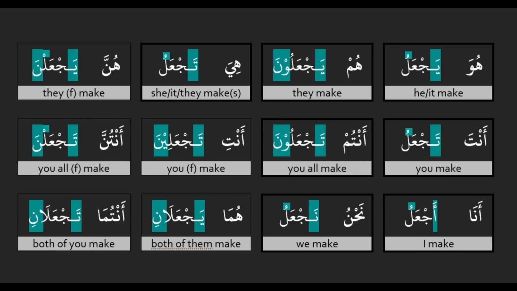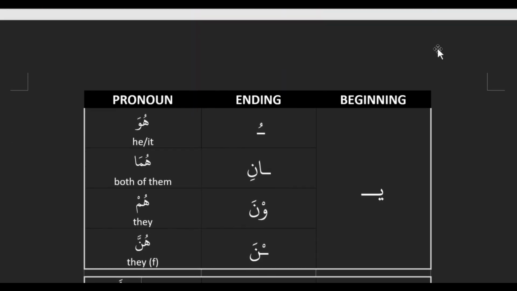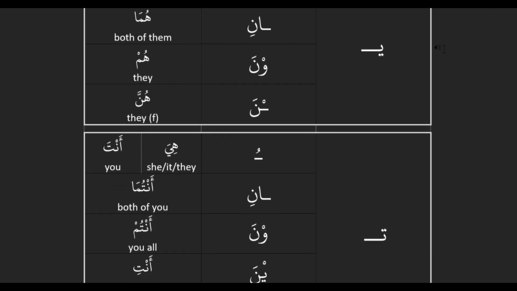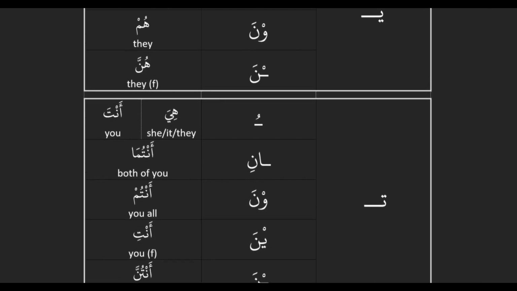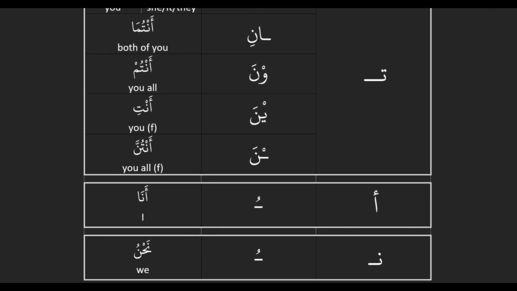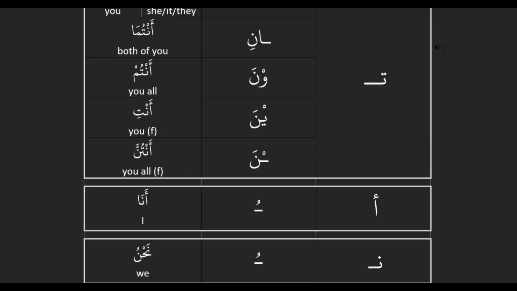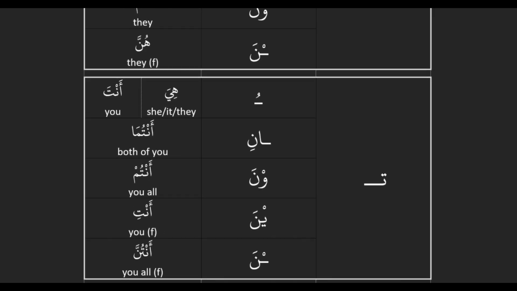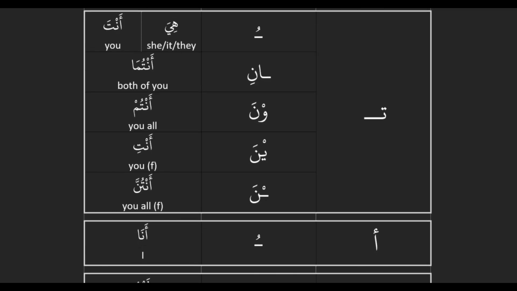And there's actually this nifty chart we made for you that gives you the beginning plus the ending, and that tells you what embedded doer that is. If you see, there are only 4 beginnings in the entire chart: ya, ta, alif with a hamza on it, and noon. A nice abbreviation for that is aitan: alif, ya, ta, and noon.